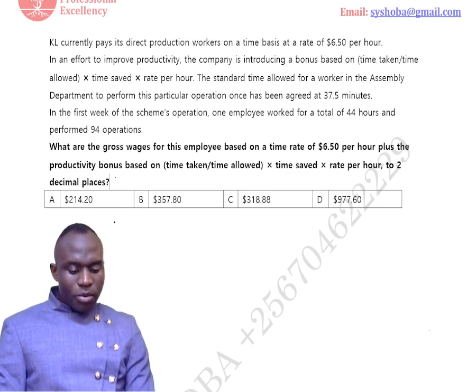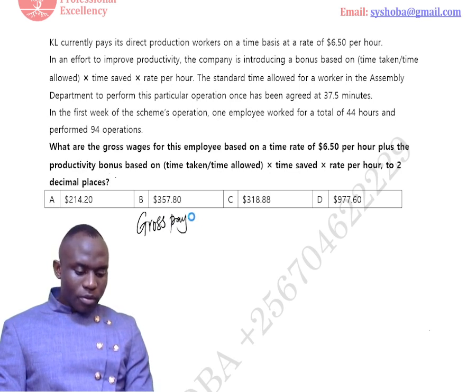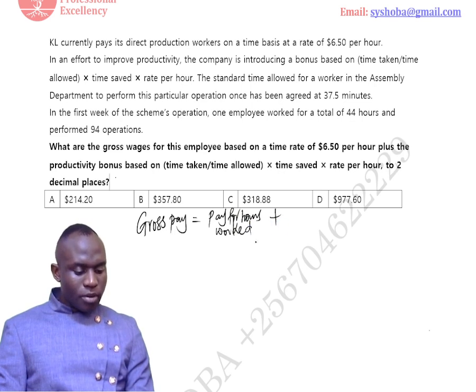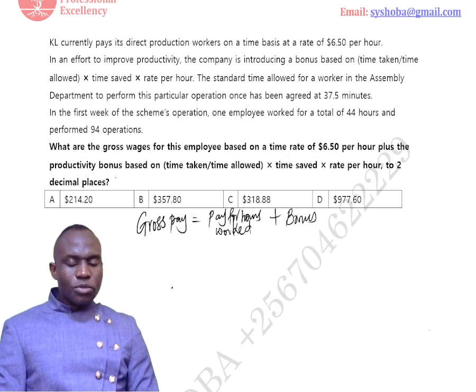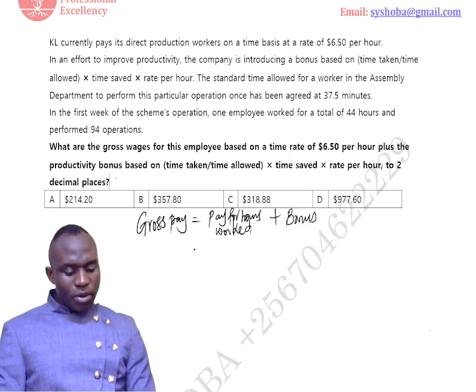So we try it out. They want gross wages, and gross payment is always payment for hours worked plus the bonus payment. So how many hours did we actually work?